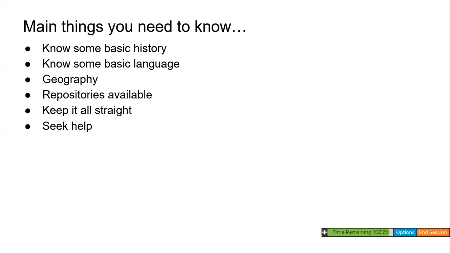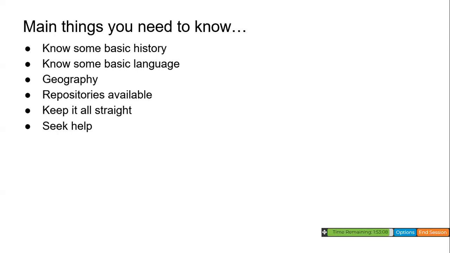Geography is important to understand because as borders change, sometimes the records were kept in the original place or with the original country. Other times they were moved. So you kind of have to understand where borders were when and how did that affect what kind of records were kept. You need to know what kind of repositories are available.